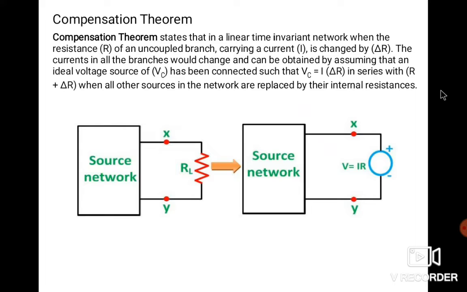Now next, we go for the compensation theorem. The compensation theorem states that in a linear time invariant network, when the resistance R in a branch carrying a current I is changed slightly, the change in resistance being denoted by delta R, the changes in the currents in all the branches can be obtained by connecting an identical voltage VC, where VC is equal to I into delta R, in series with the branch, when all other sources of the network are replaced by their internal resistances.